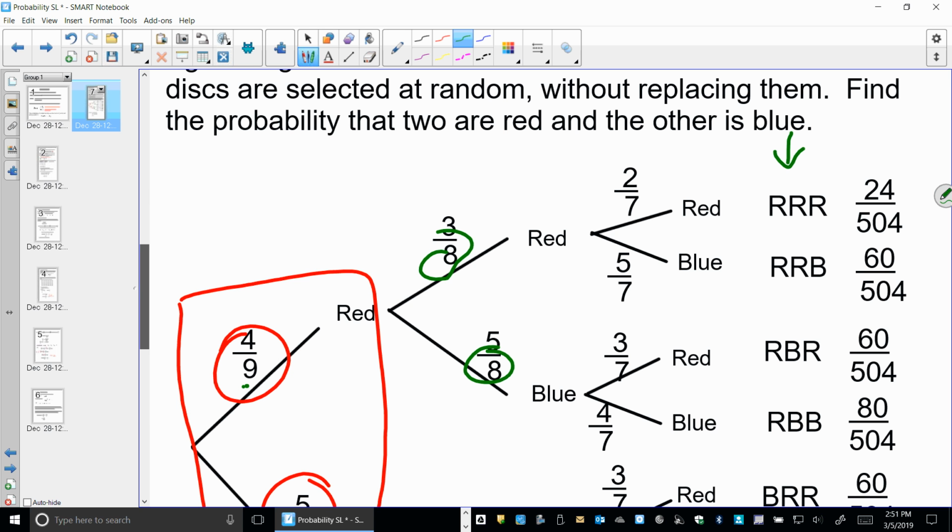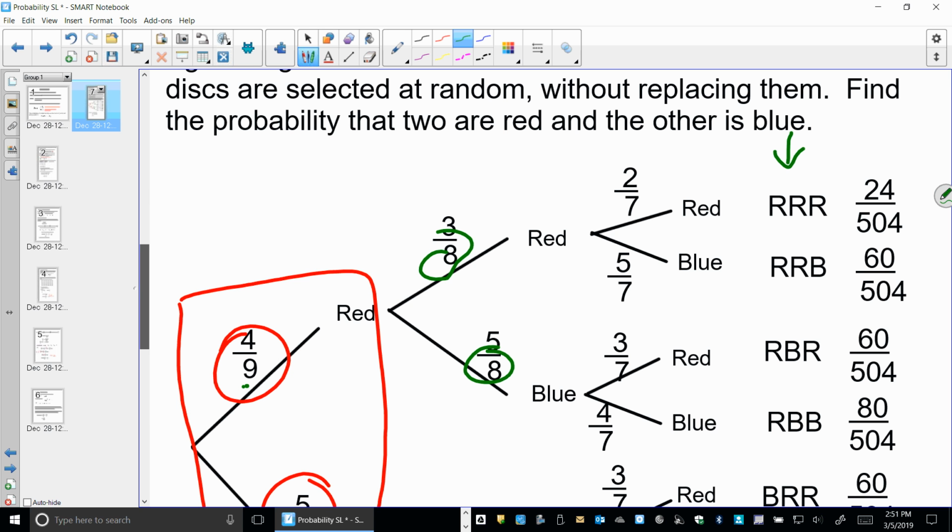Then we say, okay, well, what's the probability of getting a red, red, and a red? Now, we're using the word red and red and red. When we are doing things and something else, we multiply our probability.